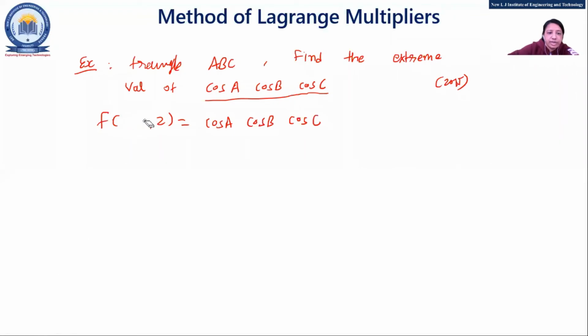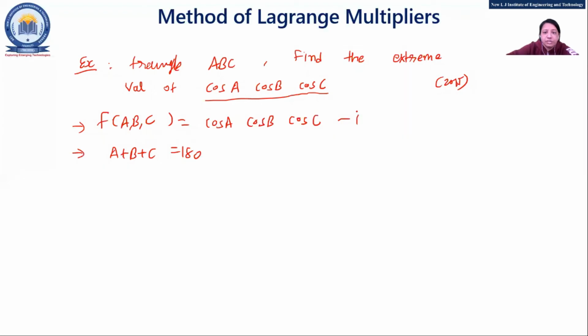We are not supposed to write x, y, z because it will be given in terms of A, B, C. So we'll consider A, B, C only. So cos A. Now the relation between the components A, B and C. It is a triangle, so we know that the addition of A, B and C would always be what?